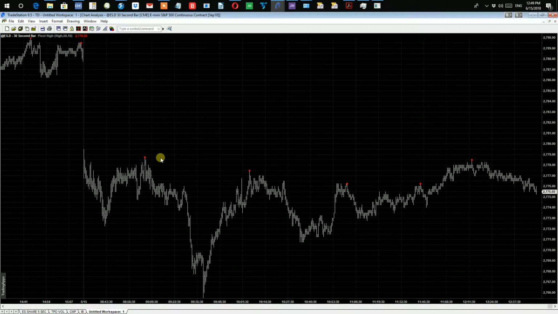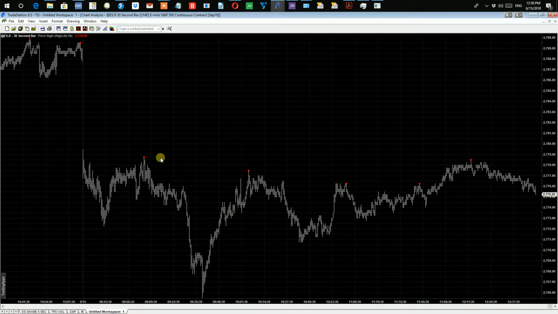Now you have it. So now we're emulating exactly the same setting as we would in a 5-minute bar, with a left strength of 5 and a right strength of 1. So that's how that works.